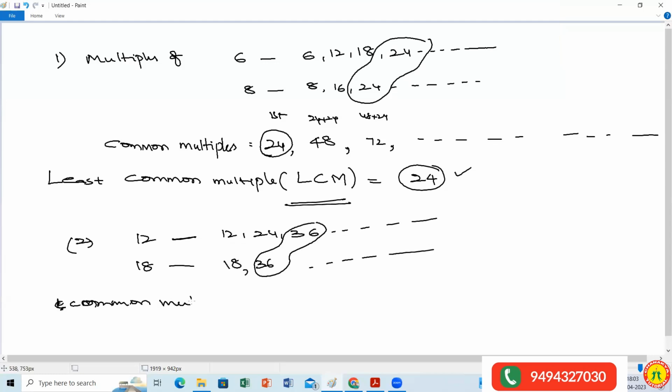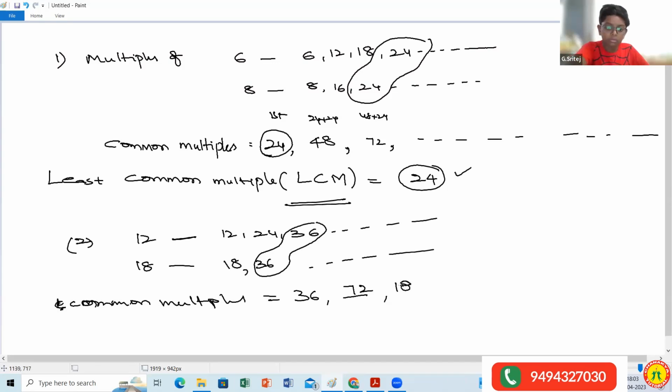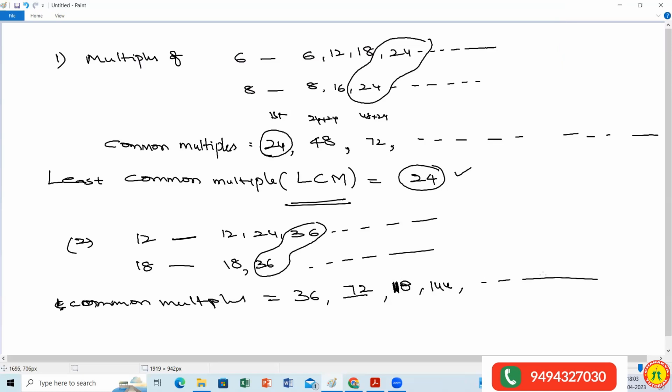Common multiples: 36. What is the next common multiple? 72. Very good. Next one, 108, then 144, and so on.